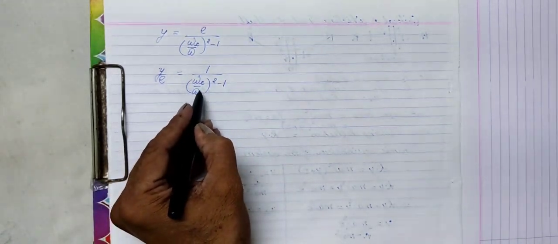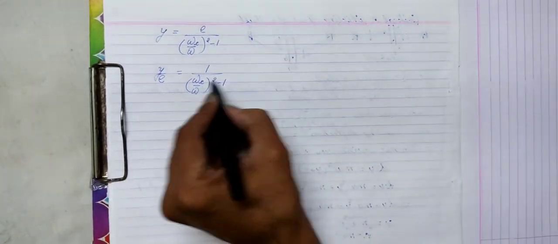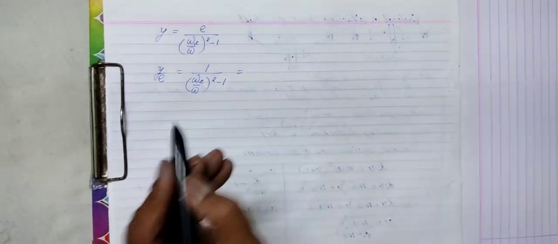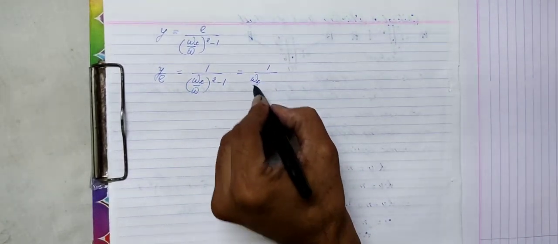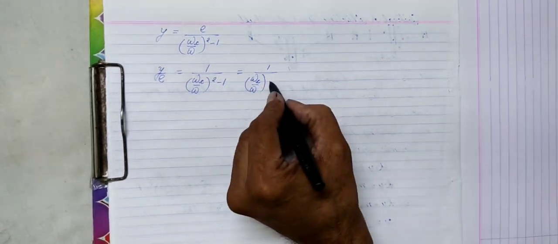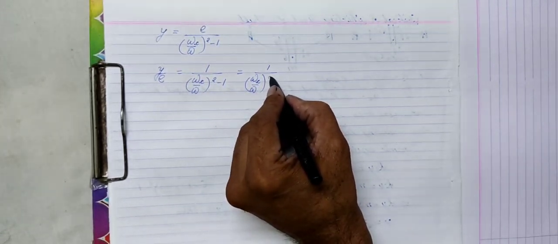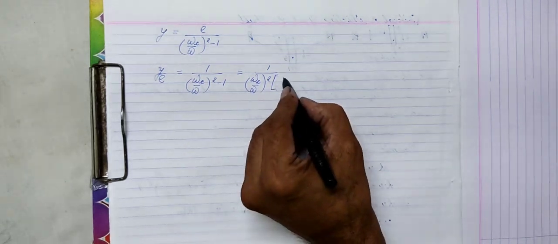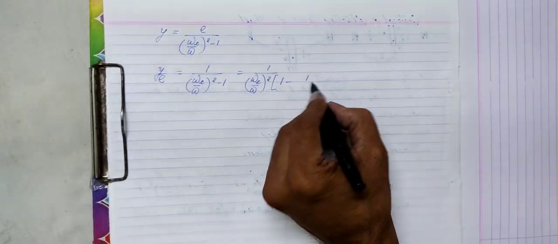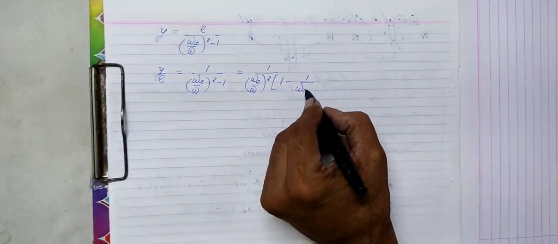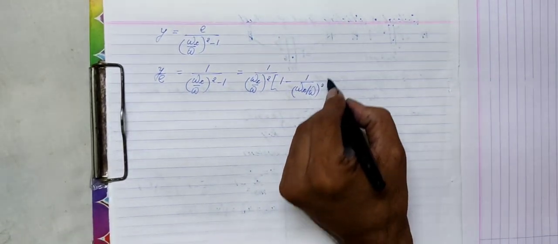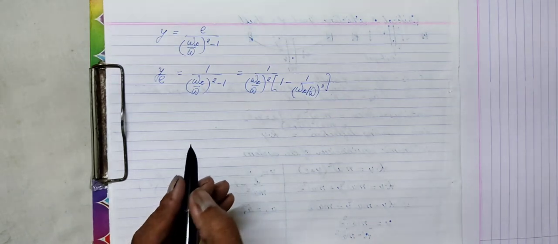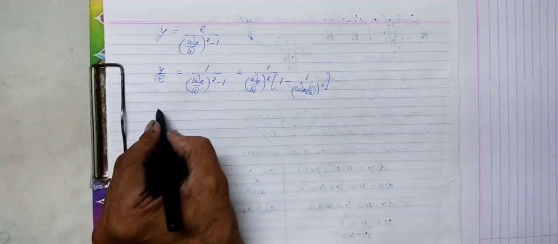If I take omega c upon omega square out common, it will be 1 upon omega c upon omega square times 1 minus 1 upon omega c upon omega square. This is just mathematically how we are trying to express it.